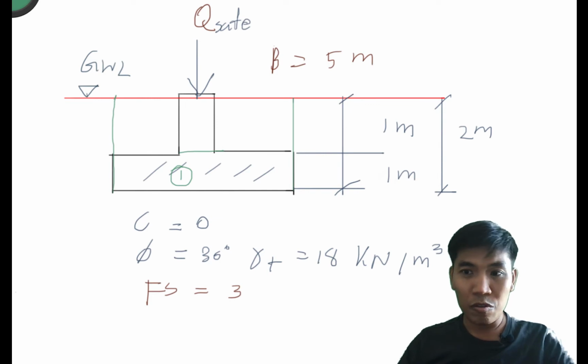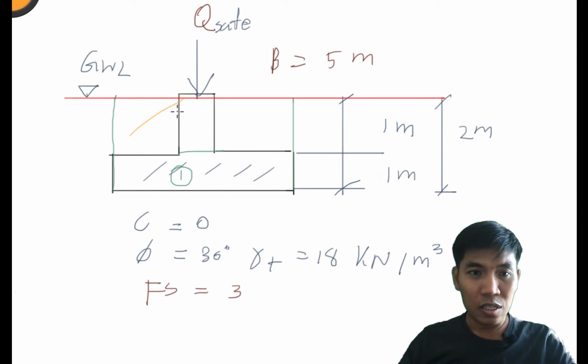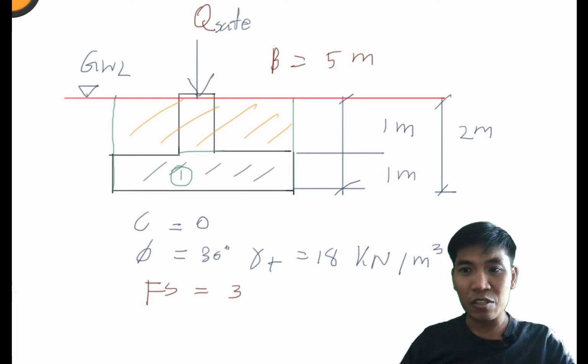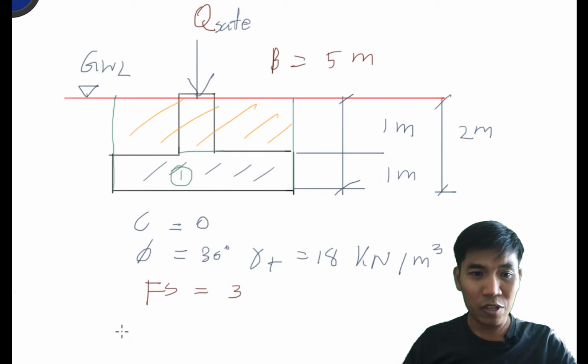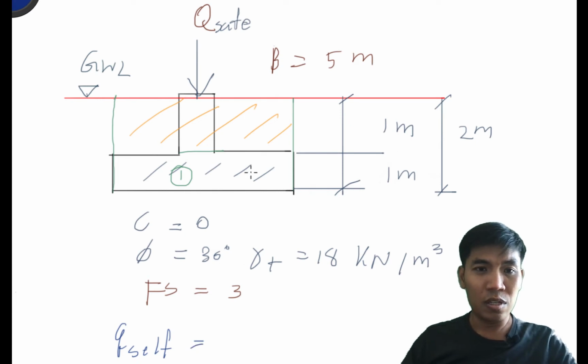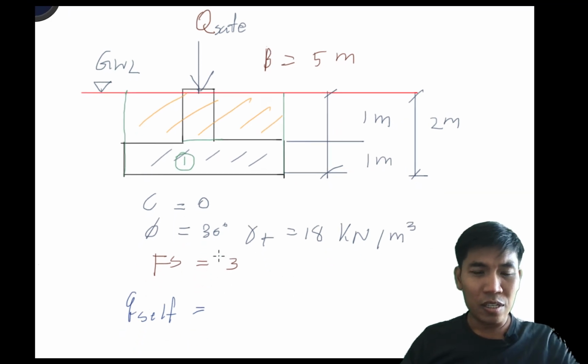Okay, so I will use the yellow color. If I would like to calculate the Q self of this question, Q self is equal to the yellow portion. The yellow portion is the weight of the soil. We have to calculate with gamma prime multiplied with H. H is 1 meter.